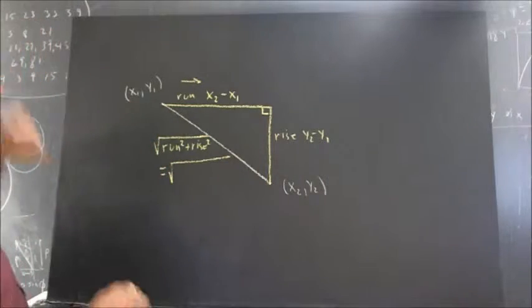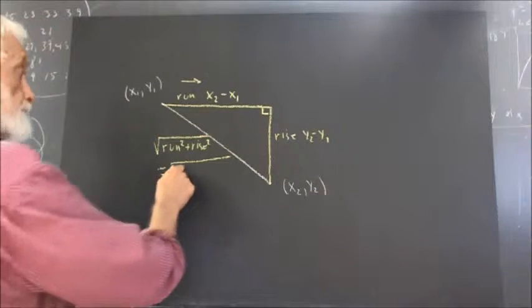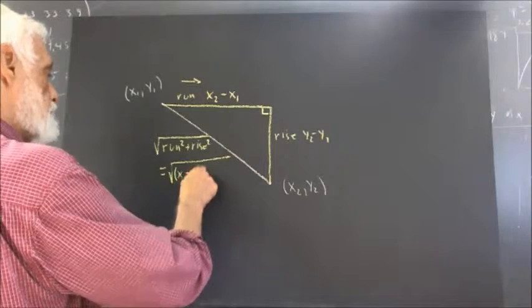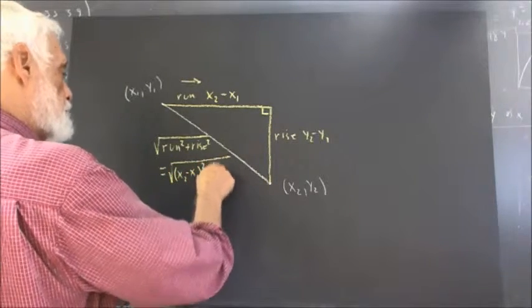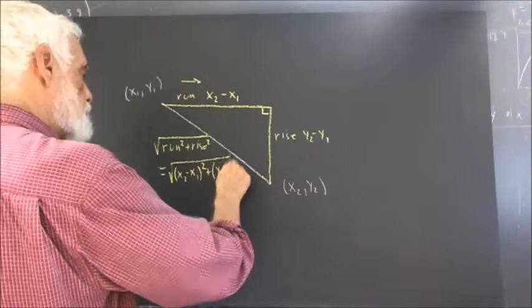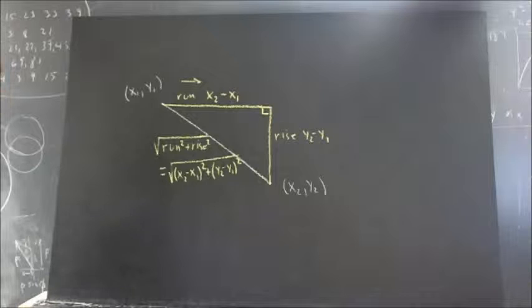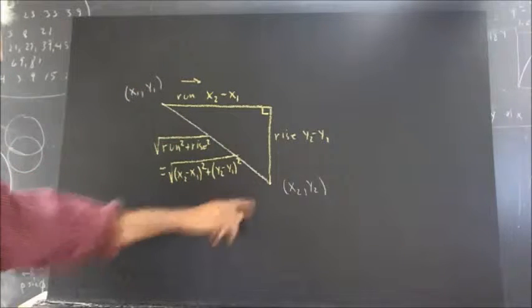Taking the square root of that, you get the distance. So we have the square root of x2 minus x1 squared plus y2 minus y1 squared. And that's the distance between the 2 points.